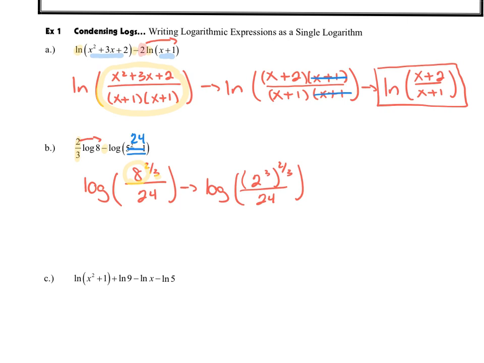And now I can see that those are going to cancel. So what I'm going to end up with is log, and I'm going to have a 4 in the numerator now and a 24 in the denominator. So my final answer is log of 1/6.